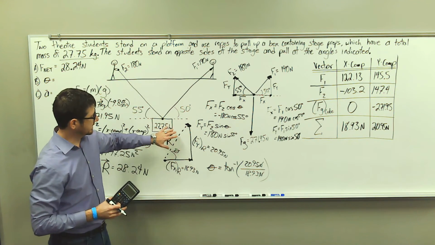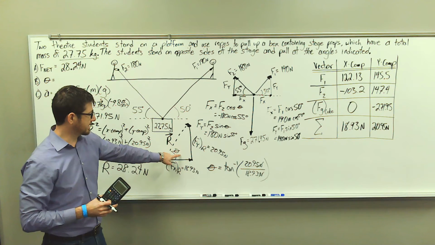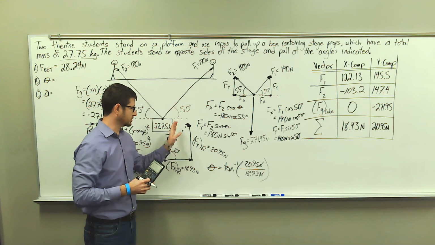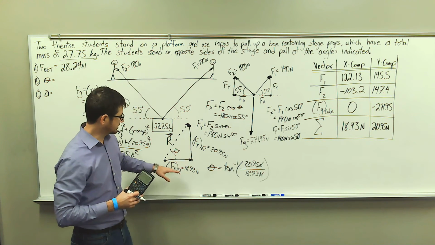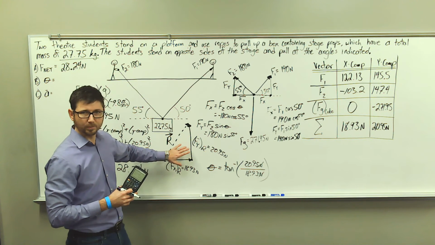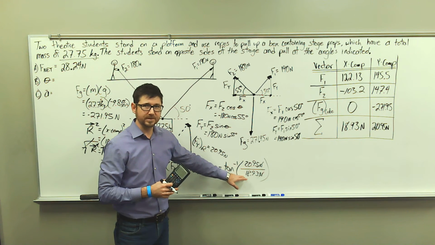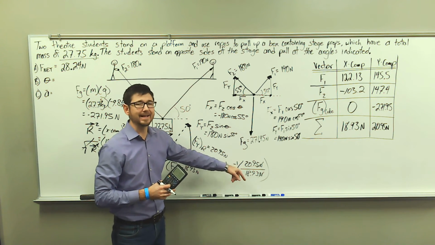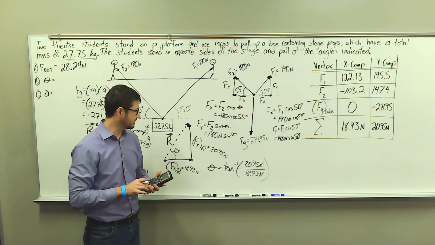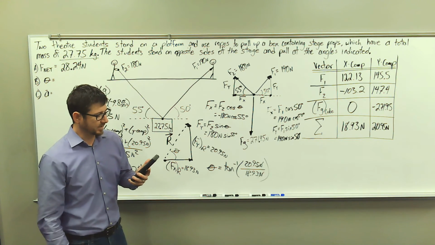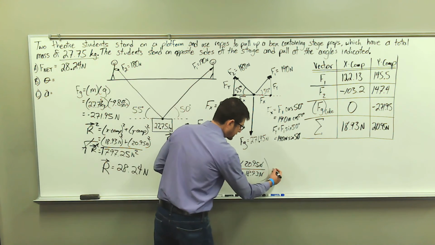Just visually, we can tell that angle theta is going to be greater than 45 degrees, just the way that our triangle has been drawn. I tried to keep it within appropriate scale here, okay? It's proportional. And right here inside the parentheses, when our ratio is greater than 1, angle theta will be greater than 45 degrees. So arctangent of 20.95 divided by 18.93, we get 47.9 degrees.